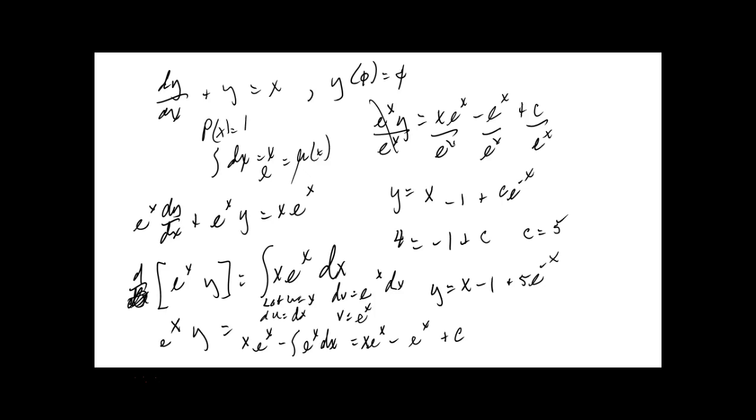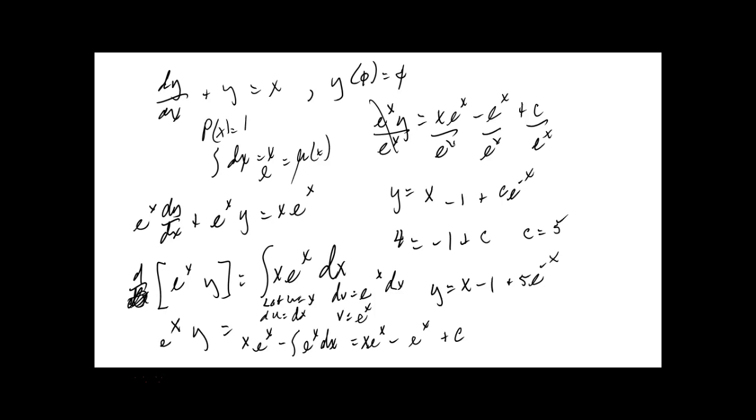Look on the right side. See here we had e to the x y is equal to x e to the x minus e to the x plus c. And then I divided by e to the x to isolate the y.